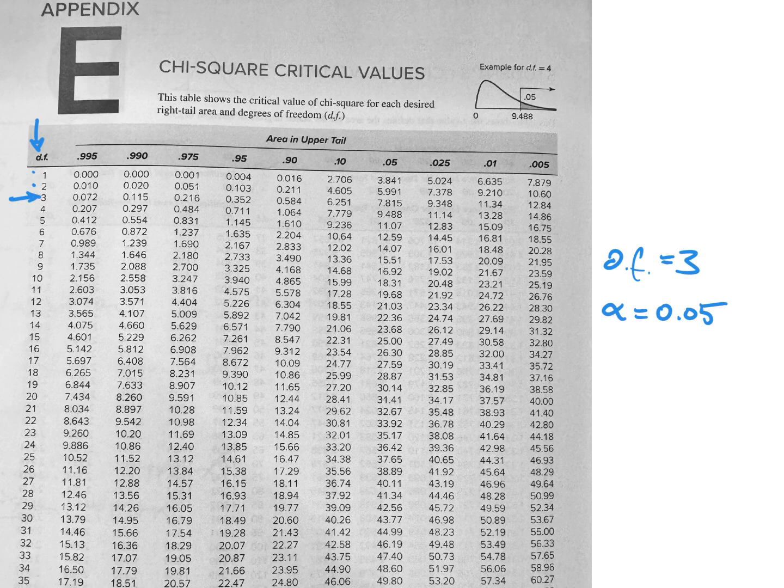So we read down the column for 0.05, and here we have our answer, 7.815. To describe this properly, chi-squared of 0.05 is 7.8.